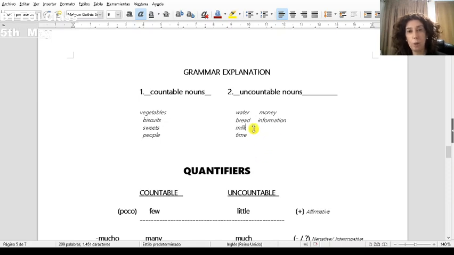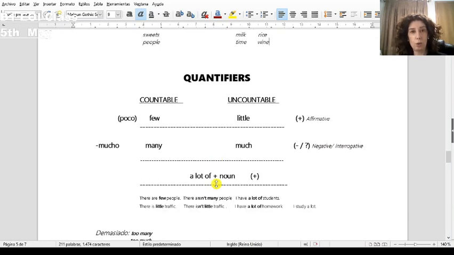Then these words are uncountable, never use a plural. We cannot count. Wine, and all these are uncountable because depending on if they are countable or uncountable, we need to use different quantifiers.